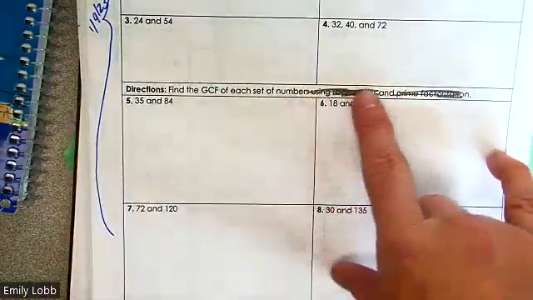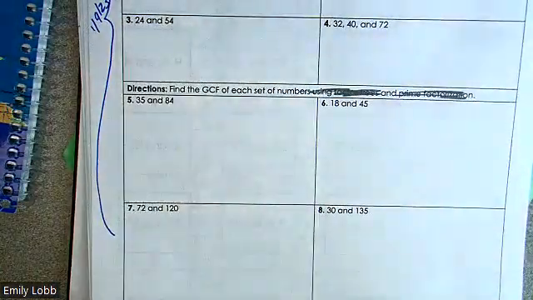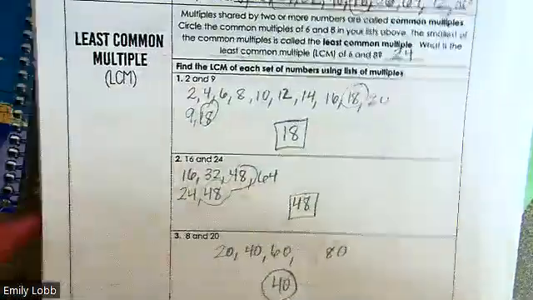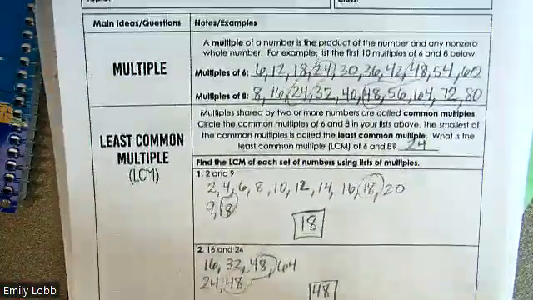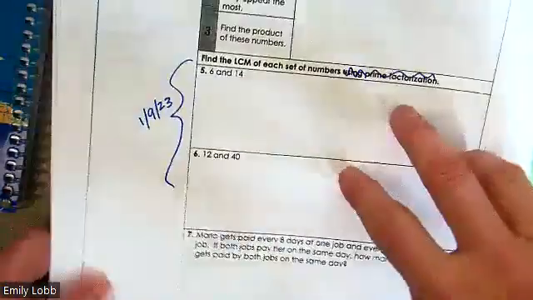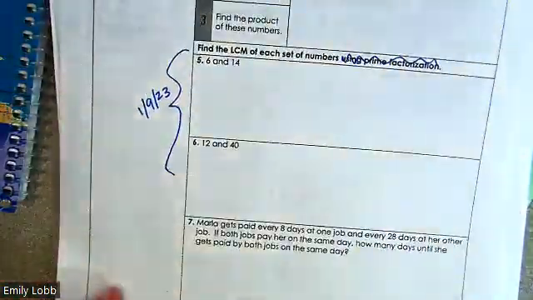You don't need to worry about using factor trees or prime factorization. You just needed to do them, finding the greatest common factor. So turn now to where it says multiple. We did these notes together. That should be done. Then turn to the back of the multiple notes and just 5 and 6 you should have done yesterday.